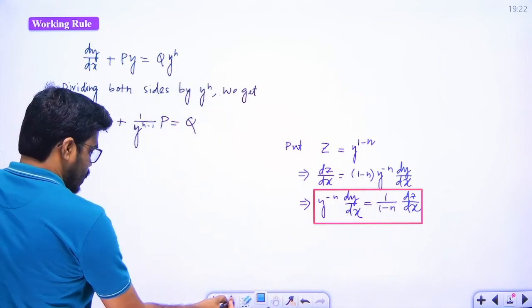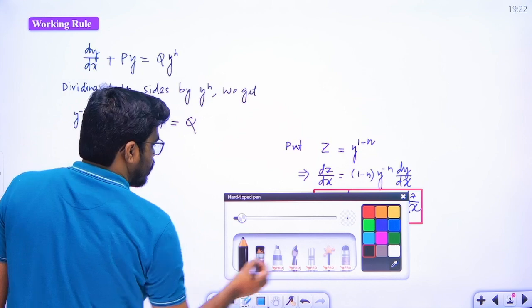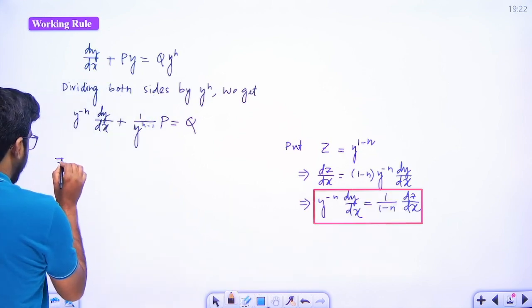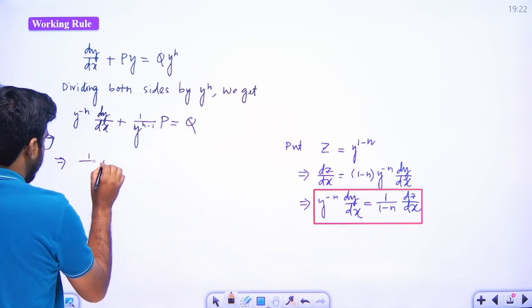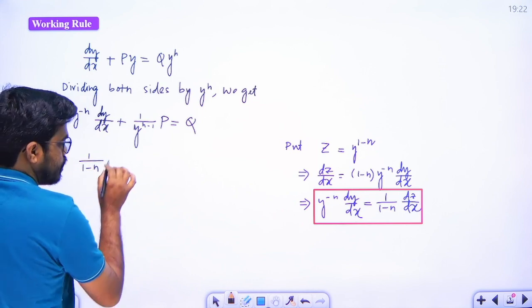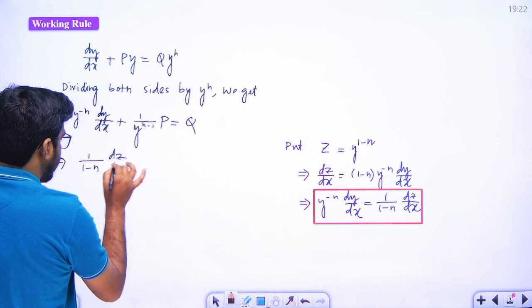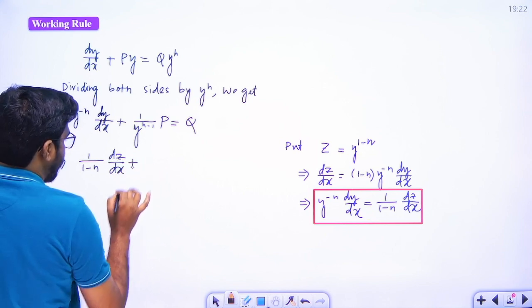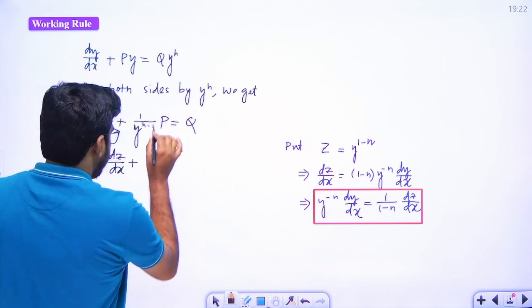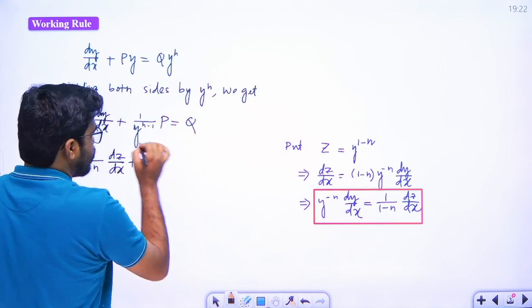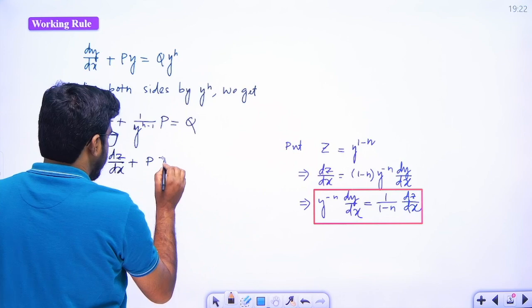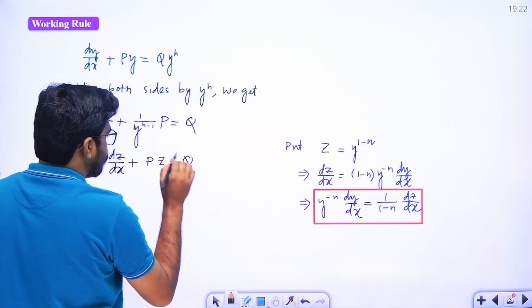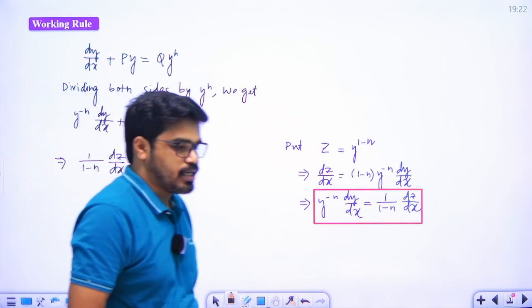So this implies y to the power minus n dy/dx equals 1 by 1 minus n dz/dx. So this becomes 1 by 1 minus n dz/dx plus P into 1 by y to the power n minus 1, which is basically z, so Pz is equal to Q.